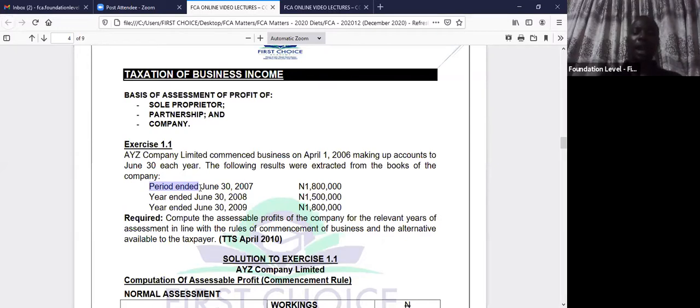It's either higher than 12 months, let's say 13, 14, 15, even 23 months, or it could be lower than 12 months. Let's say 1 month, 2 months, up to 11 months. So when you say period ended, you know you are dealing with less than 12 months. So now a normal basis period is exactly 12 months. So we've said two things now. One of them must be preceding year basis, and it must be the only account ending in the preceding year.